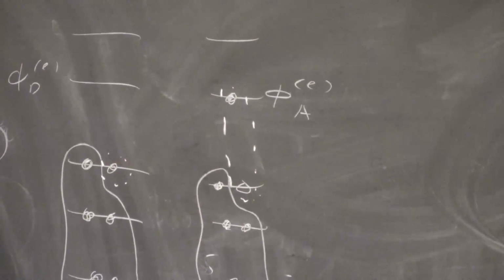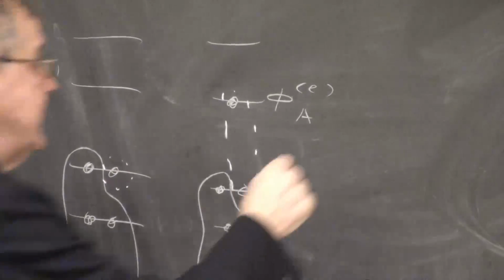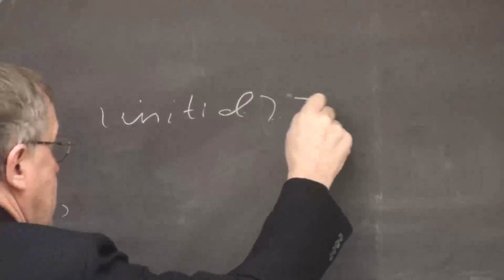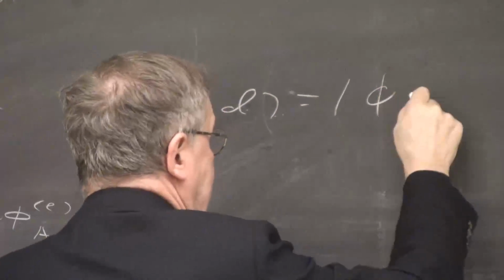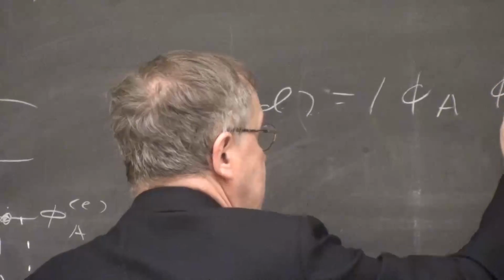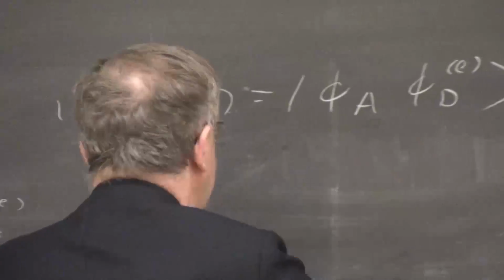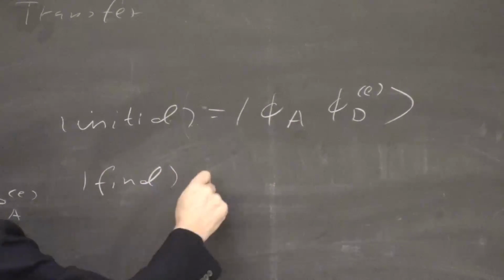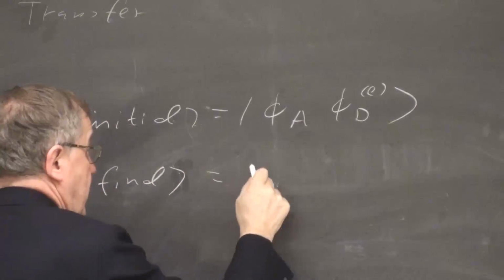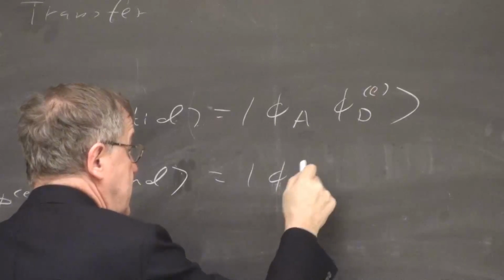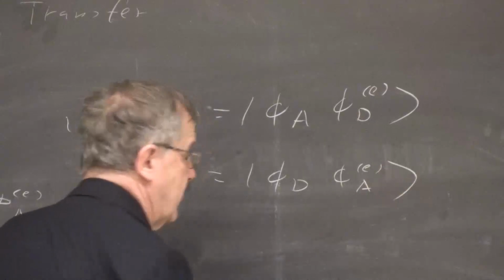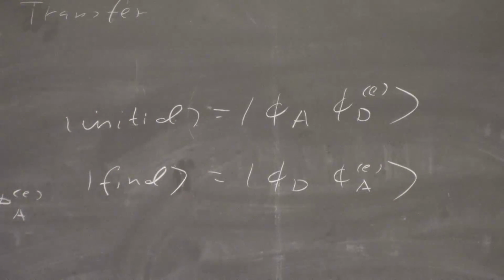And now we can say then that our initial state looks like it is a phi A state times a phi D excited state, and the final state is a phi D and the phi A excited state. So this is how the system looks like.